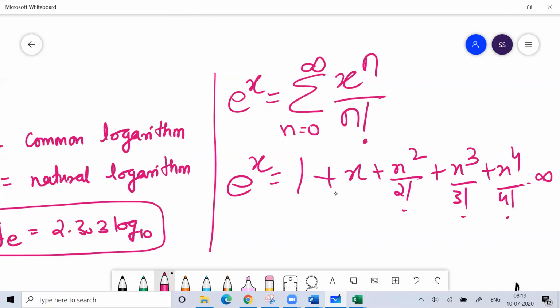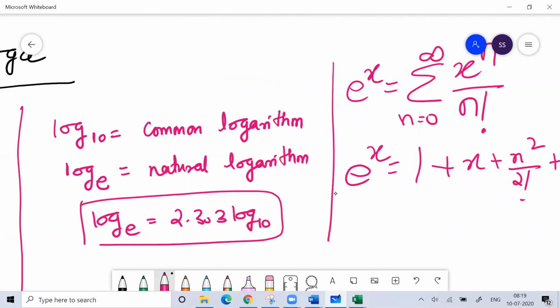This is the exponential function. The value of e is an irrational number, where its value is 2.712. And the inverse of that, if you take, you will get ln, what you call a natural logarithm.